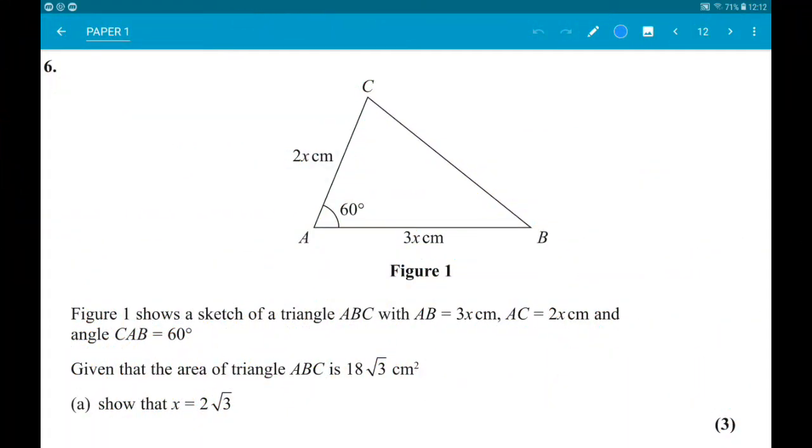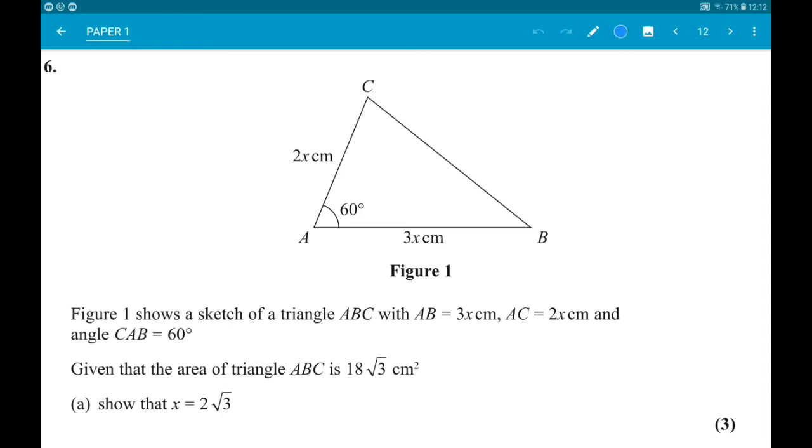Okay then, number 6a. Given that the area of this triangle is 18 root 3, we want to show that x is 2 root 3. Okay, so we're using trigonometry area of a triangle.